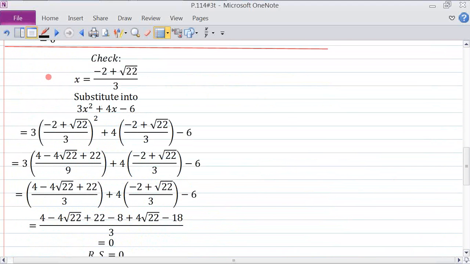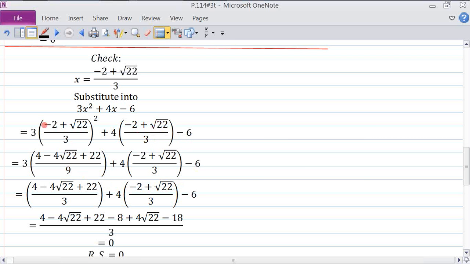Now, one of the solutions that we said was minus 2 plus root 22 over 3. We substitute this into the quadratic in the second bracket. And so we have 3, here's our x term right here, here's the squared, plus 4, the x term right here, minus 6.